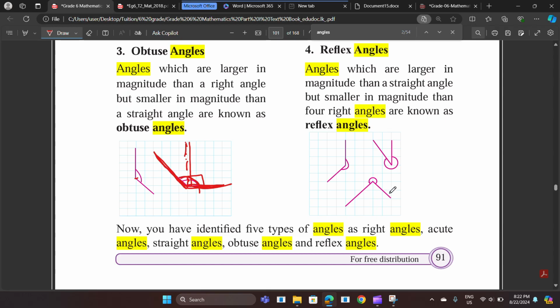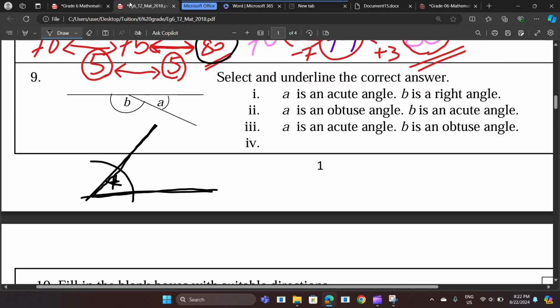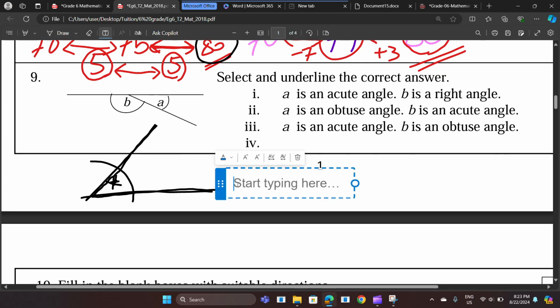And the reflex angle is greater than straight angles. See, there is another part. So these types of angles are called reflex angles. So you have to learn about acute angle, right angle, obtuse angle, straight angle, and what else? Reflex angle. What are the types in order?